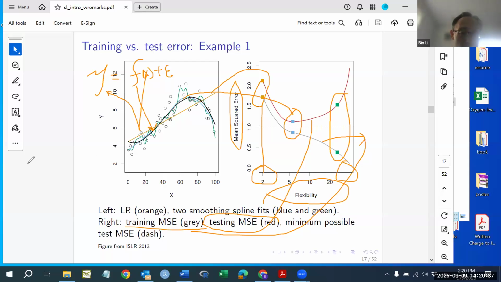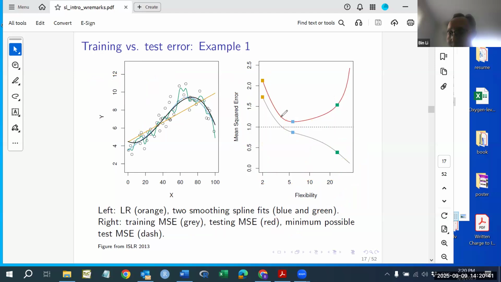So let's see. The testing error is actually a U-shaped curve, but the training error is monotonically decreasing. You see the difference? This is training, and this is testing. For the training errors, the more and more complicated the model is, the lower and lower the training error.